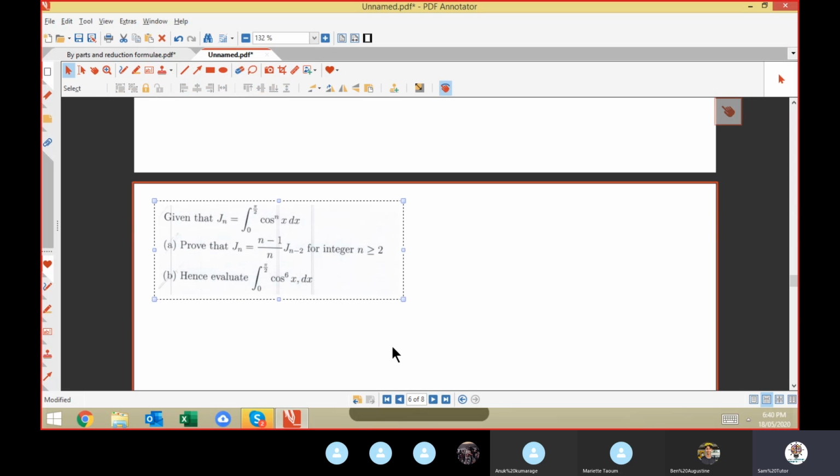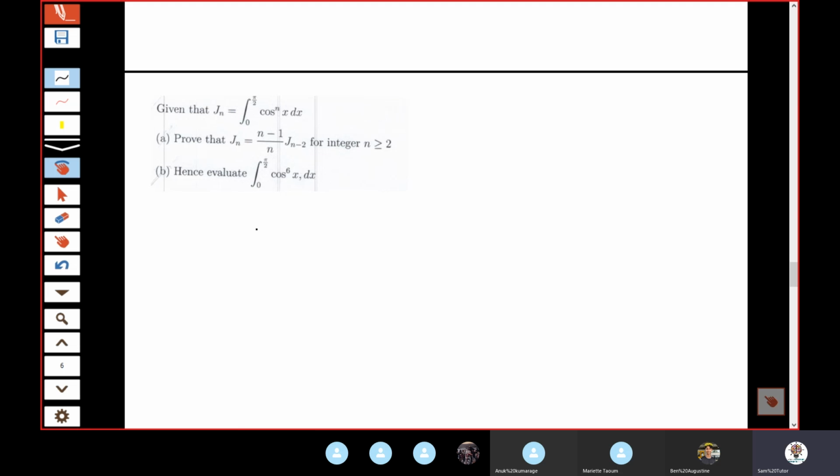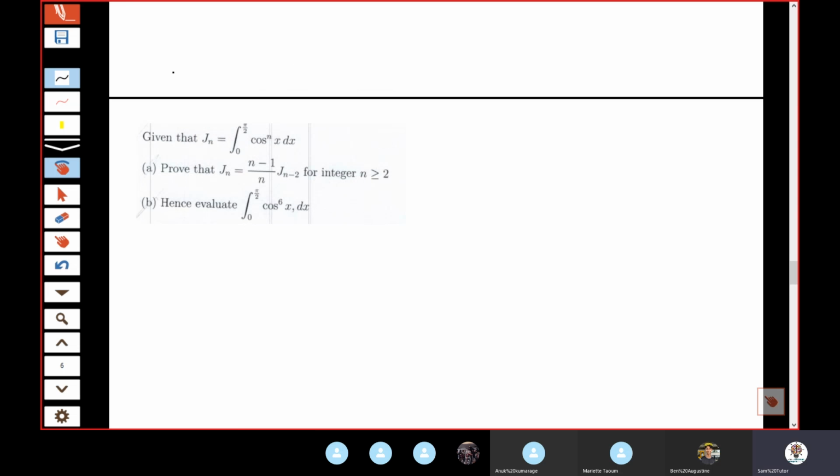The good news is you can always get 2 marks for part B, because that's just a substitution. This is what we're going to be looking into further next week. Reduction formula.